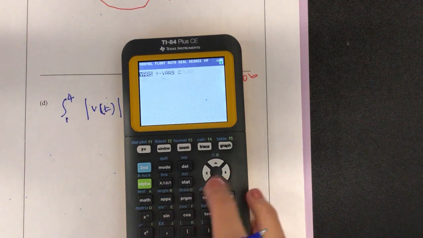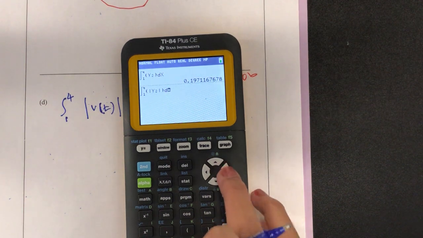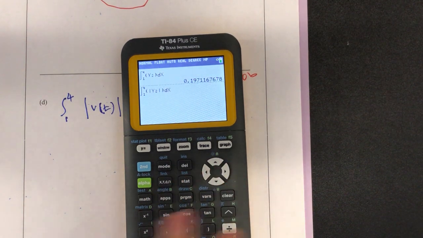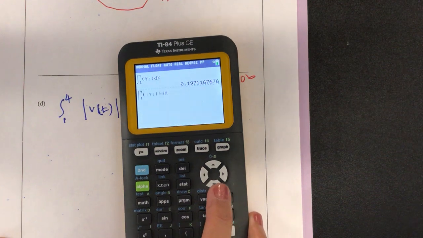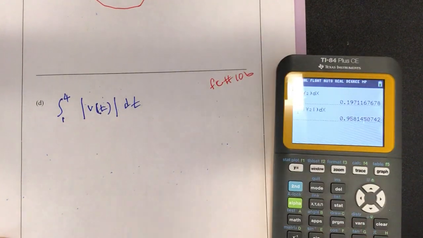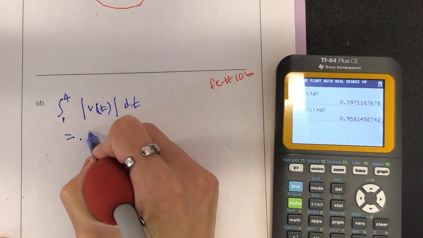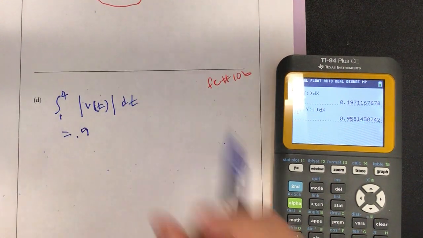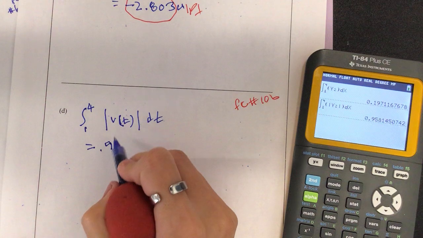And then I could do the vars thing. That should give me a different number, and that's better. 0.9, and did it say to round to a specific number? Nope. So 0.958.